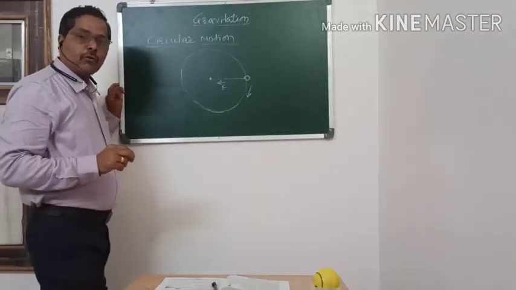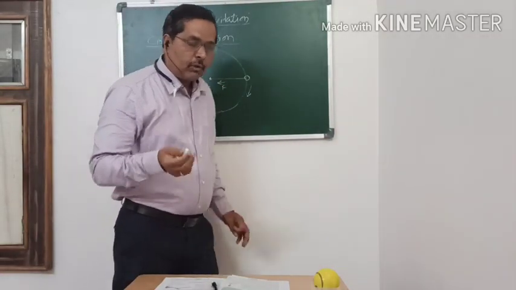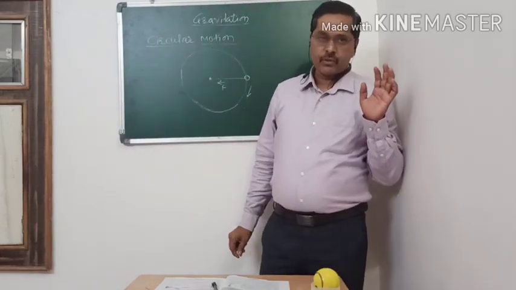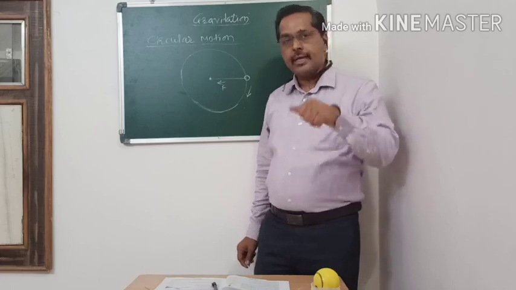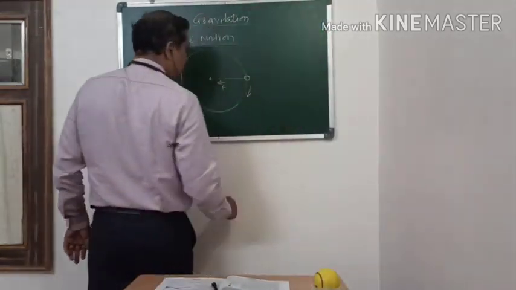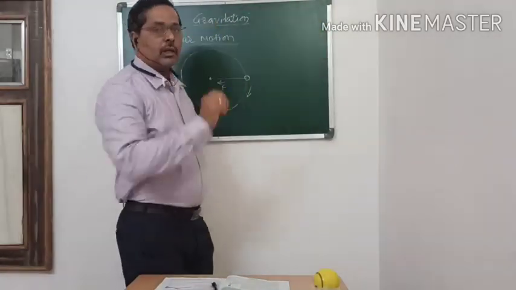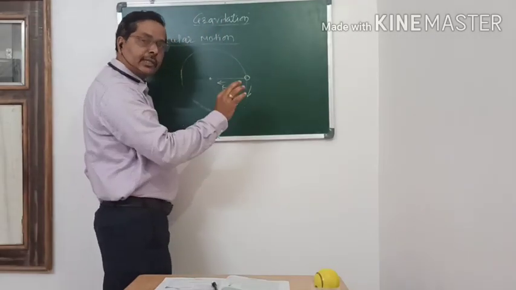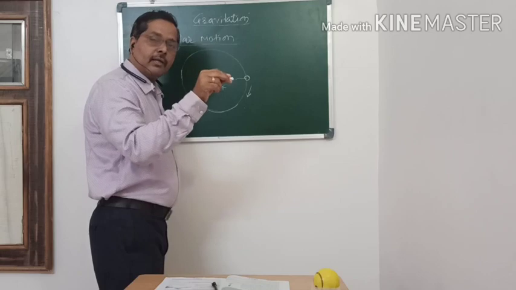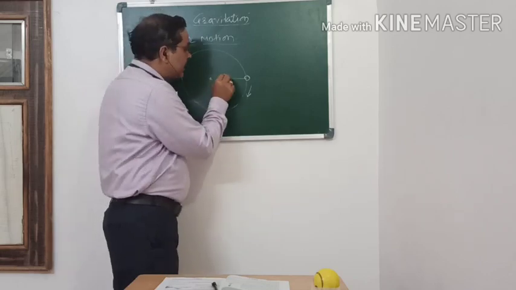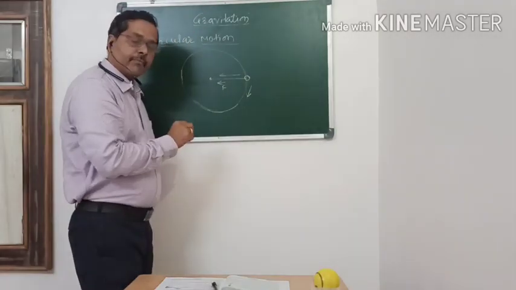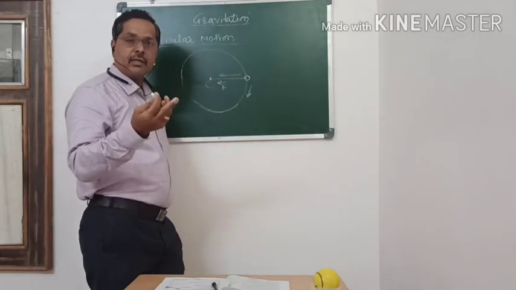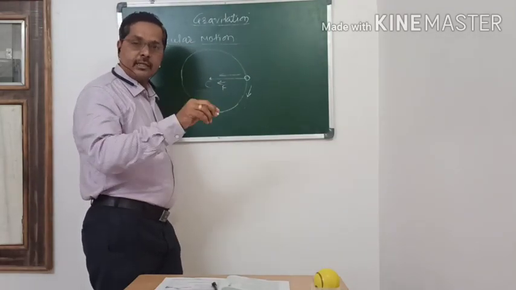So this is the direction of force. Now let us think about the direction of motion. What should be the direction of motion? Whenever I leave this ball while revolving, does it come towards the center? Definitely not. It never comes towards the center of the circle.